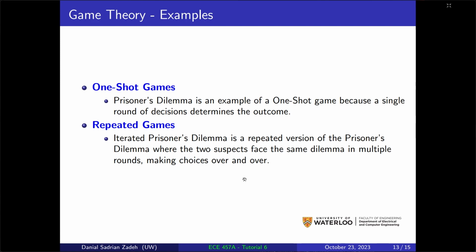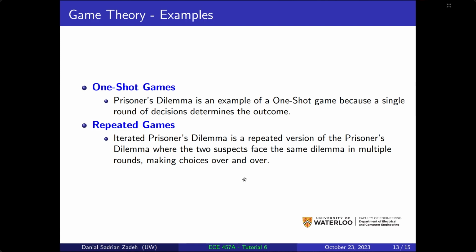Then we have one-shot games and repeated games. The Prisoner's Dilemma that you had in the lecture slides is an example of a one-shot game because a single round of decisions determines the outcome.